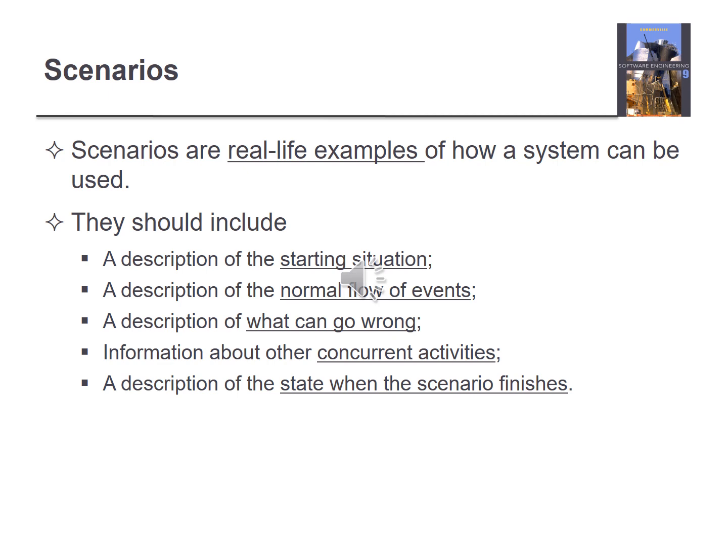Then the last one, a description of the state where the scenario finishes. So where we start and where we finish, what's the normal flow, what can go wrong, and what are the concurrent activities going on at the same time.